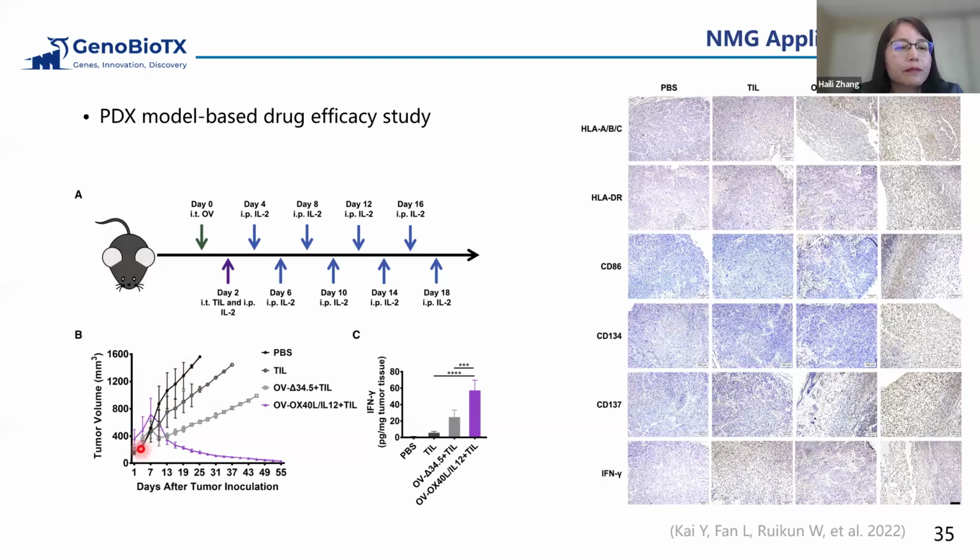In the treatment group, especially under a combination of several immunotherapy approaches, the tumor growth was significantly inhibited and shrank, and the expression of interferon gamma was increased.